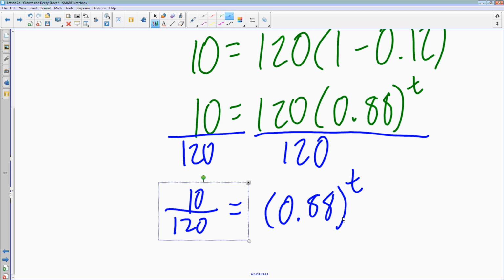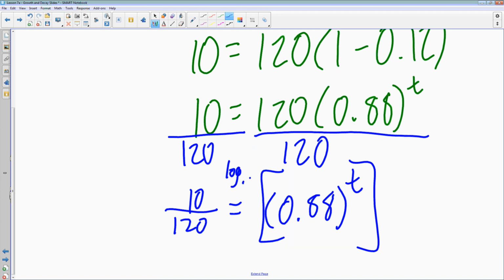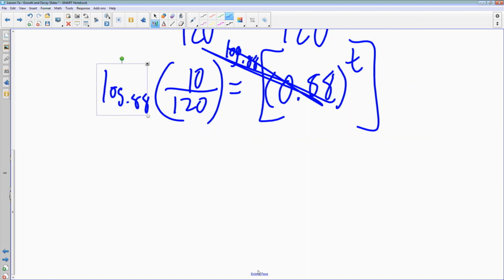So what we want to do is take the log of both sides. So log base 0.88. So that's going to cancel these out and get my t by itself. And now in my calculator, I write log base 0.88 of 10 over 120 and I get that answer of 19.4.